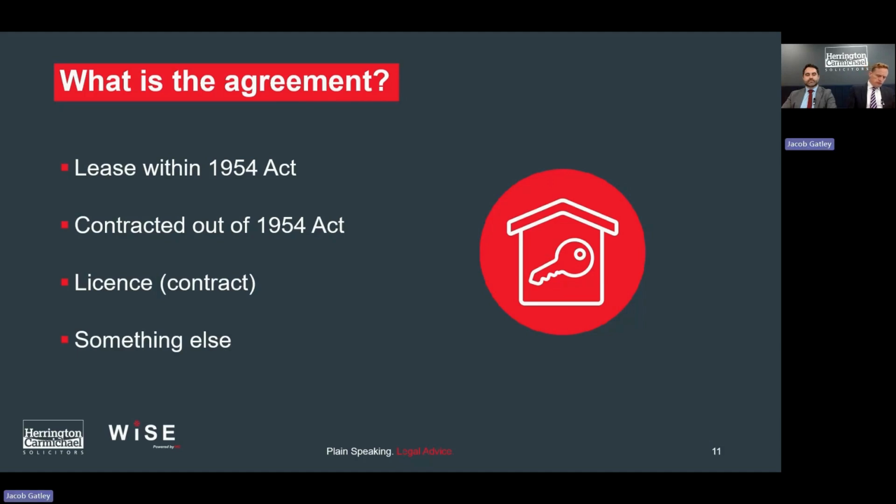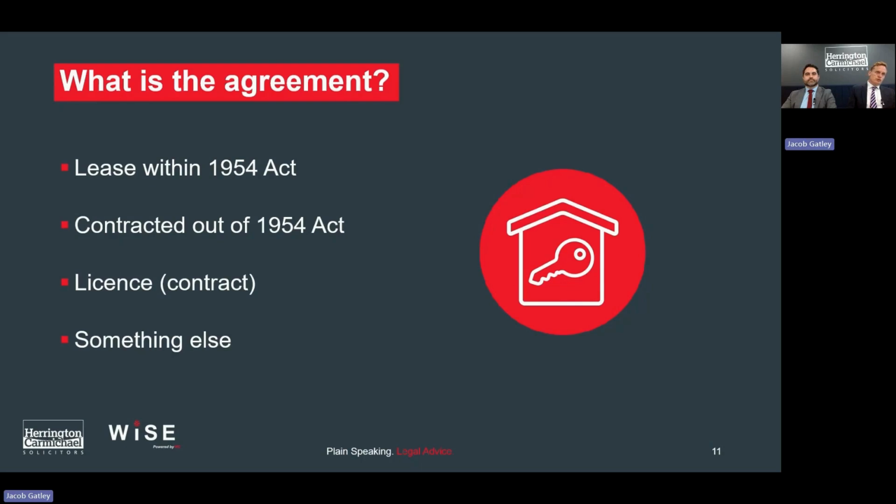There's something else that is relevant, because there are other ways of occupying properties. As we say here, we offer space for free for startups, but there can be other arrangements that also come into place.